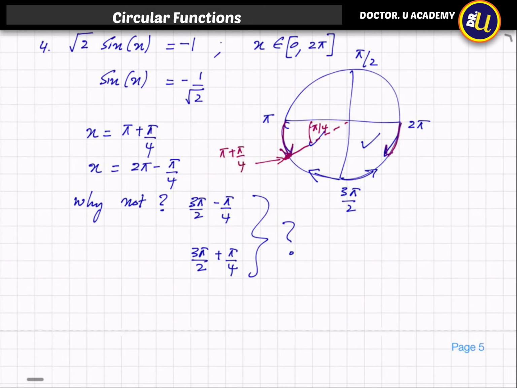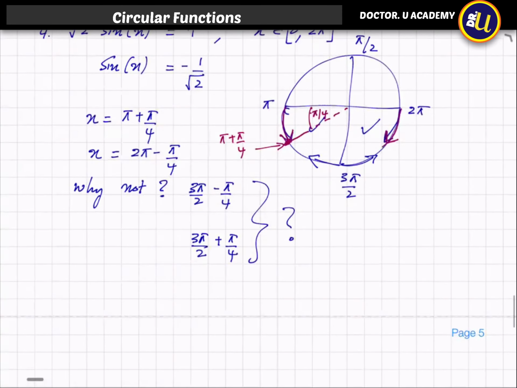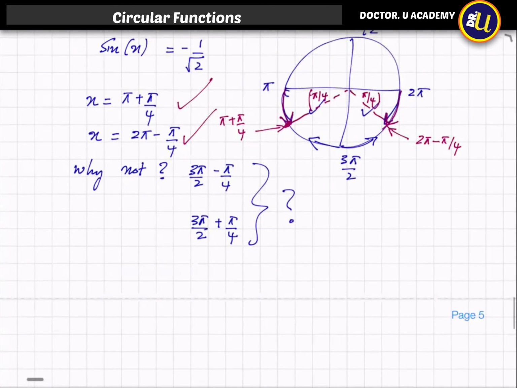Now the second solution, 2 pi minus pi divided by 4. So that means we are going here. So we are looking at this position. At that position, again, this angle is pi divided by 4. So the total angle here would be 2 pi minus pi divided by 4. Now these are the correct answers. My question is not that. My question is, why are you not constructing it from 3 pi divided by 2?